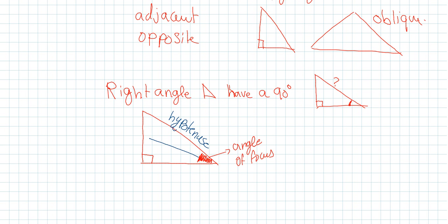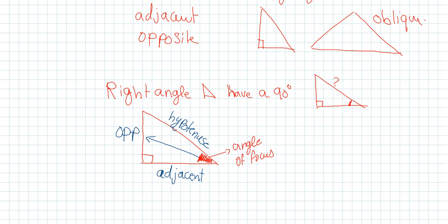Then it leaves me with the adjacent side right here. The most important part of solving a trigonometric question is to be able to name the sides. If you name the sides wrong, then your whole answer is wrong.